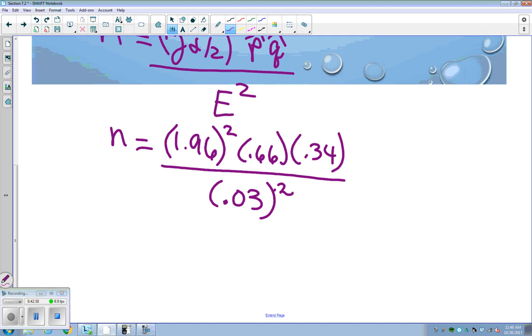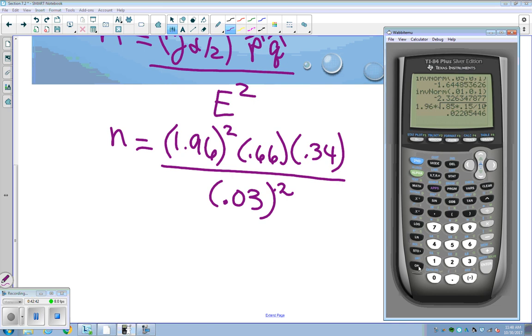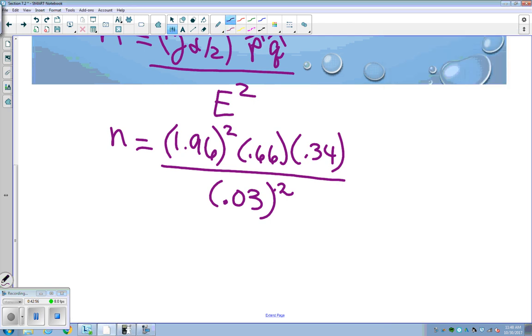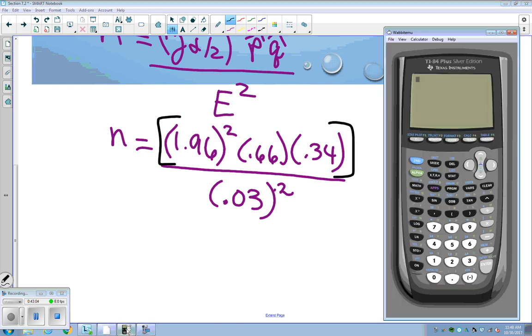So let's put it in our calculator so that we know we're not making a calculator error. Here's the key: this whole numerator put in parentheses. So I'm going to put a big parenthesis to start.